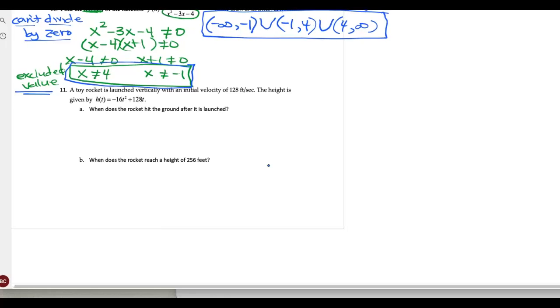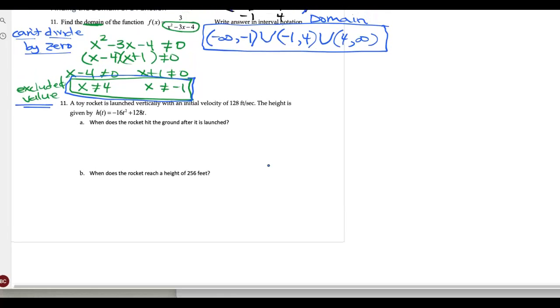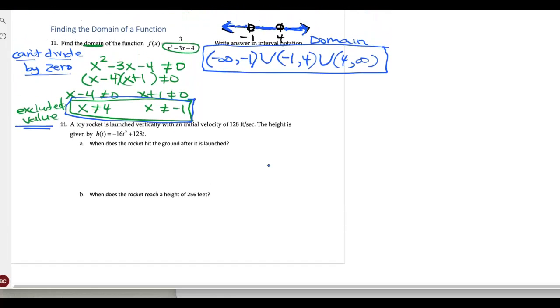Okay. So, just so I understand this, it's always easier to see it as an excluded value, rather than, okay, because I always get confused about having to write it into the interval notation when you're looking for the domain.